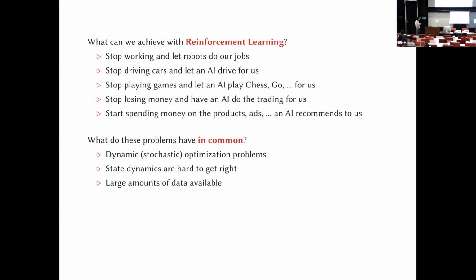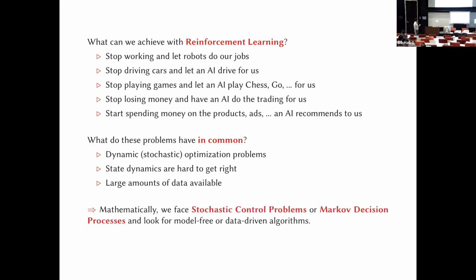On the other hand, you don't really want to write down a model for the state dynamics, but maybe you have a lot of data available, or you are able to generate a lot of data. Again, video games, you just play. It will show you the next state. You can generate a lot of data with that, but you don't need to know the underlying dynamics. So in other words, dynamic stochastic optimization problems, that's for us stochastic control, or if you're in discrete time and computer scientists, you would call that a Markov decision process.